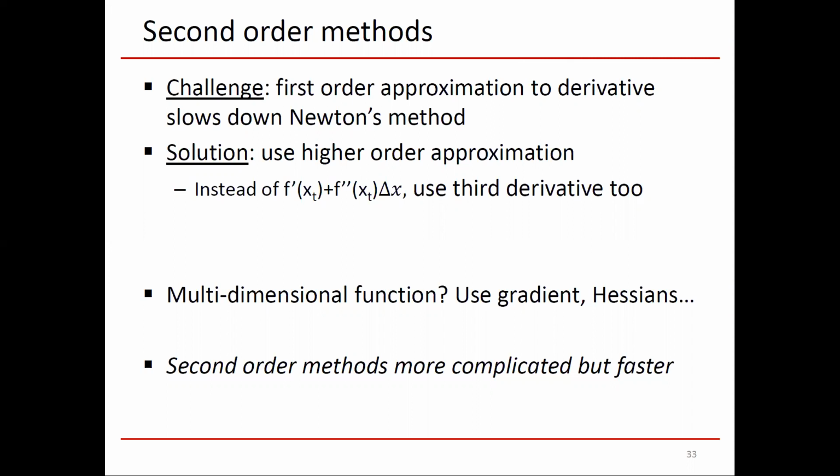Now, things can get more complicated with second order methods. For example, if you have a multidimensional function, then it's not a derivative anymore, it's a gradient, and the second derivative becomes a Hessian. So second order methods are faster than first order methods, but they're more complicated.